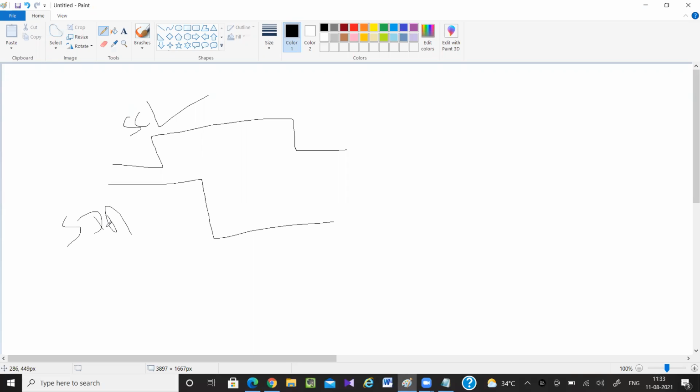So always at the negedge of SDA, if SCL is equal to high, then only it will work. Because if SCL is equal to low, that can be my normal data transaction. I2C normal data transaction happens in the low phase. So in the high phase, if it is having this negedge, then it is the start condition.